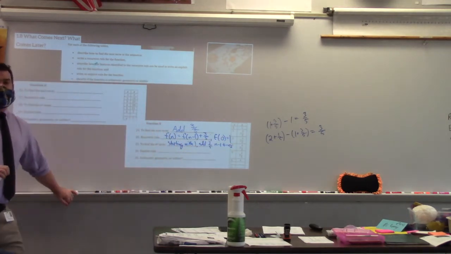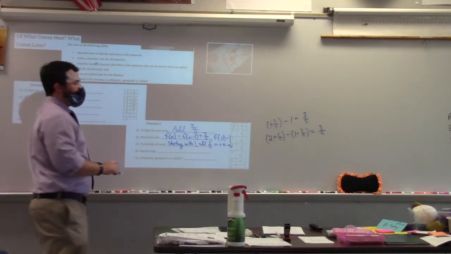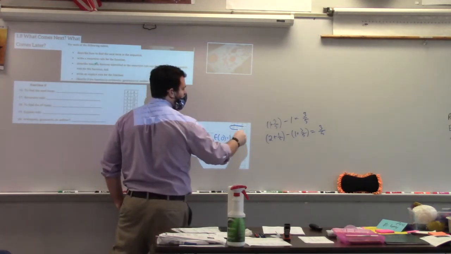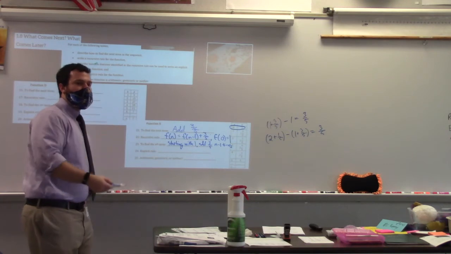Oh, we're so close. Who can identify the mistake first? N minus 1. What's wrong with the n minus 1? Because you're starting there, so you don't need to put n minus 1. What's my starting input? 0. So do I need to do n minus 1?